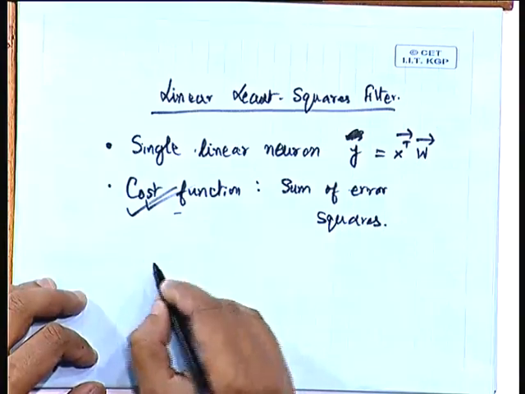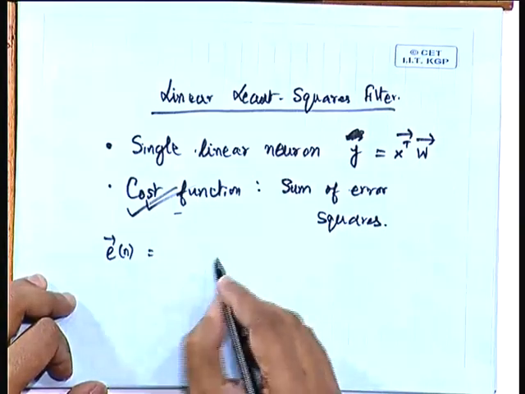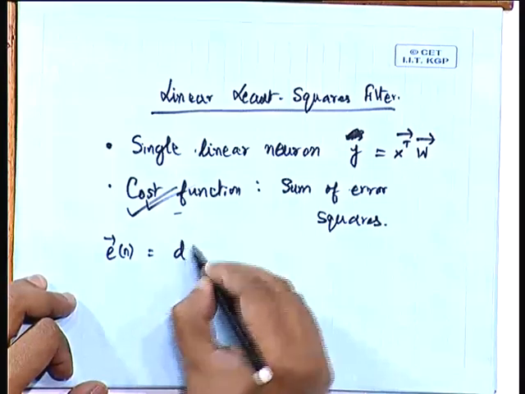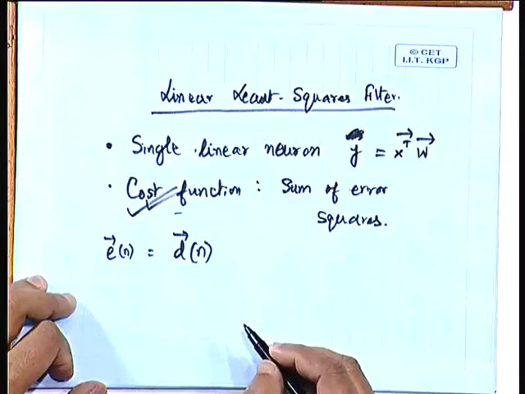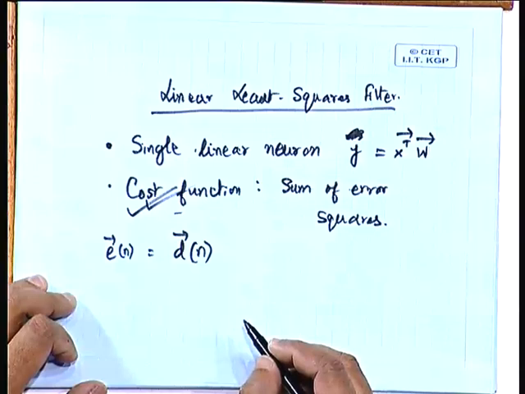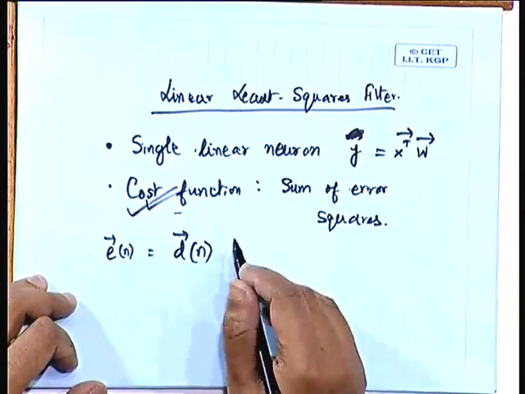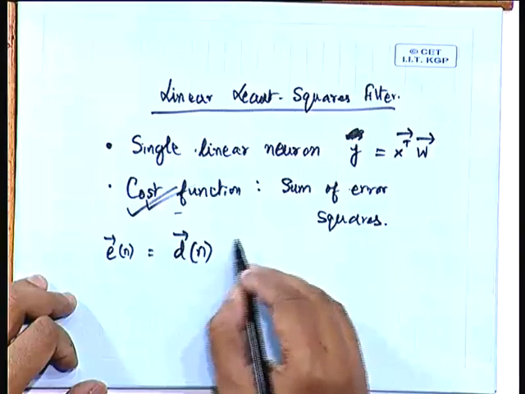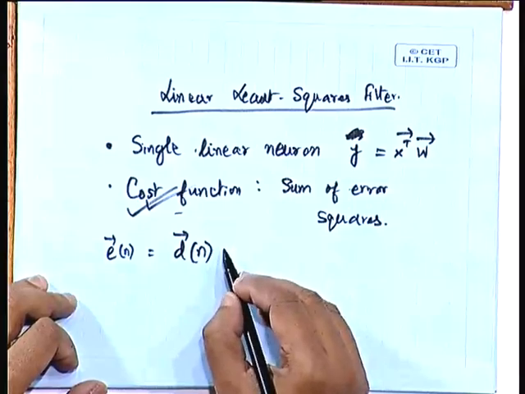Now, the error vector E n in this case can be simply represented as what? As d n, where n again is the number of observations. So, the error for the nth observation is E n equal to d n minus... in fact, we are writing directly in terms of vectors only.